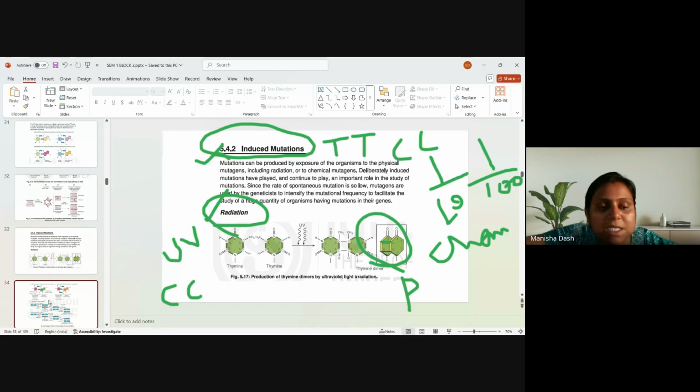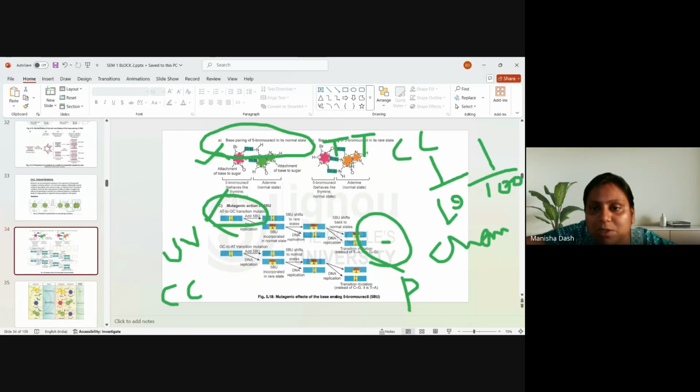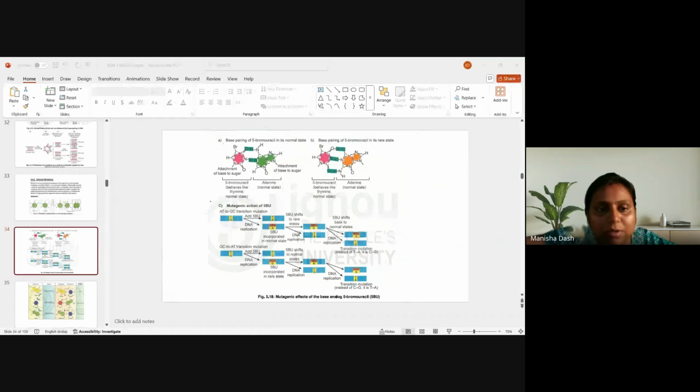Similarly, there are chemical mutagens also. They are classified into various classes. One such class of chemical mutagen is called a base analog. Okay. So base analog means the chemical agents or mutagens will have a similar chemical structure to that of a normal DNA base.